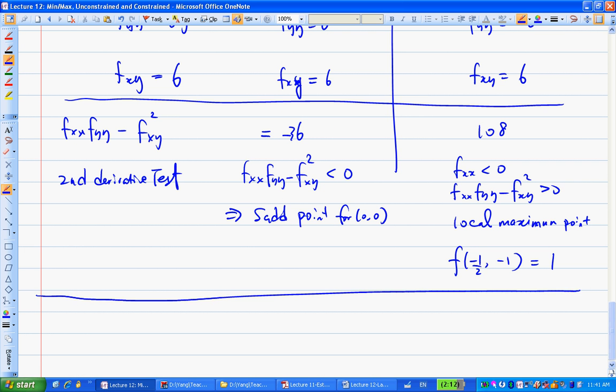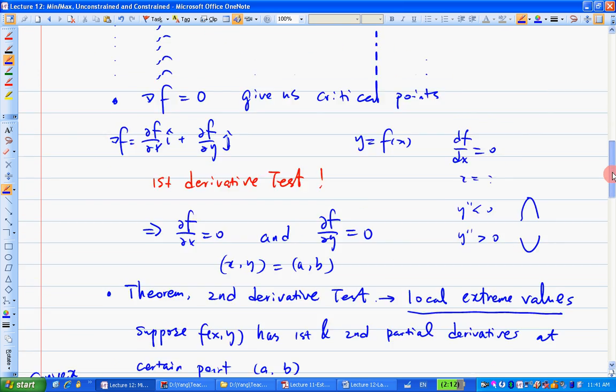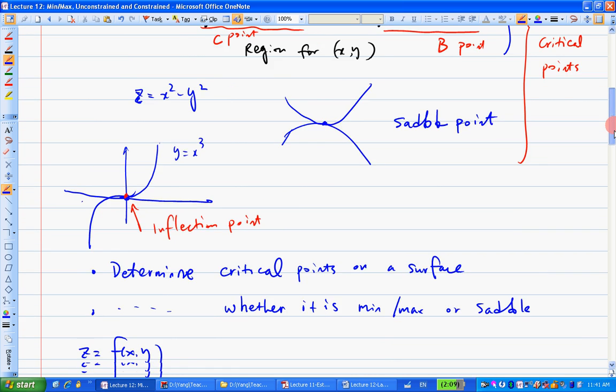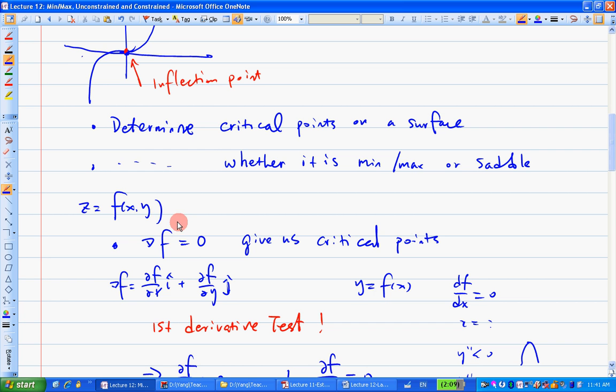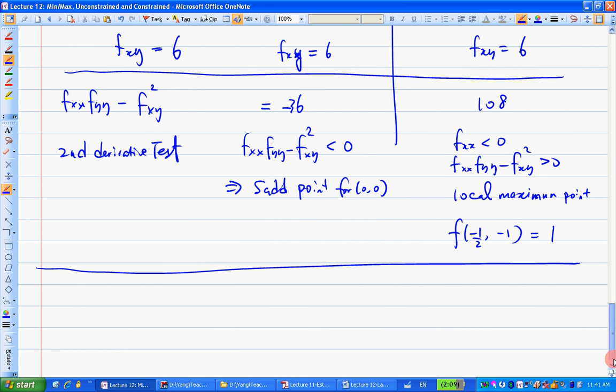Now, we were talking about the first case, unconstrained, right? If you look at this one here, this is a so-called unconstrained problem. You see the surface, and you want to determine the local min, the local max. That's basically what's called unconstrained.